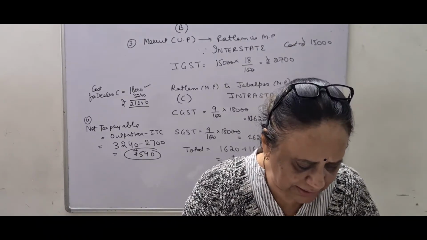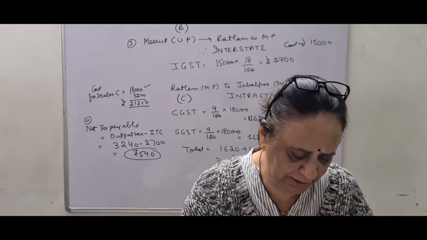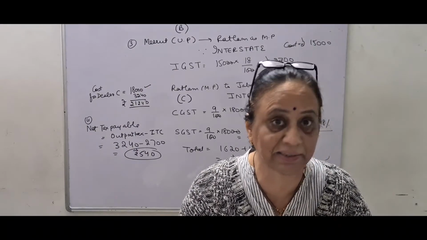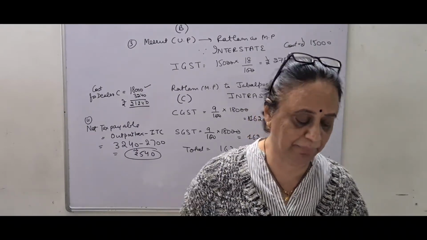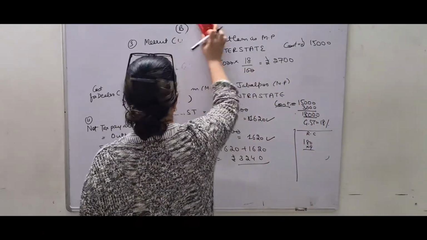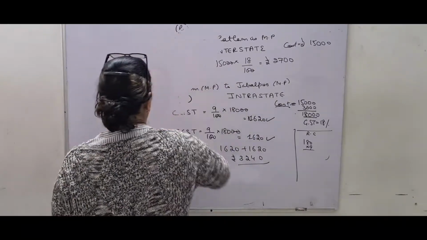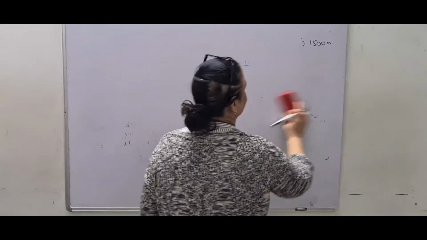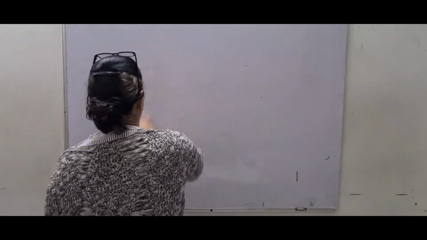The consultancy services worth rupees 50,000 are transferred from Delhi to Calcutta. It is very clear that it is interstate. Delhi to Calcutta means interstate because both belong to two different regions. So you write in the beginning, this question is also very, very important.